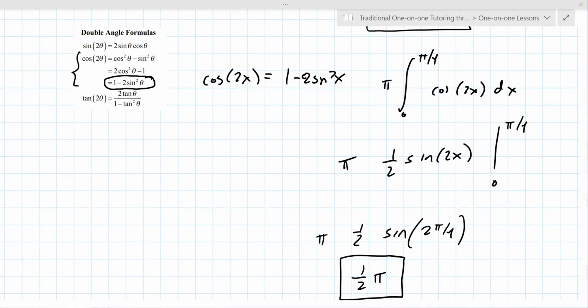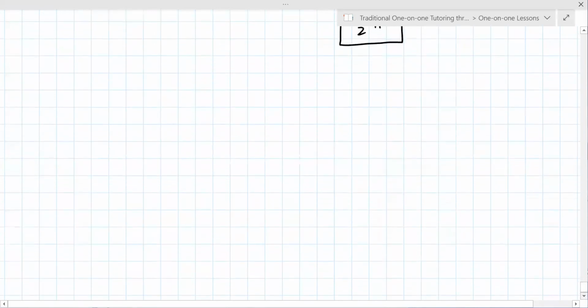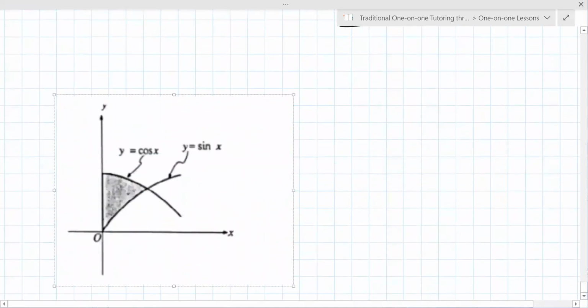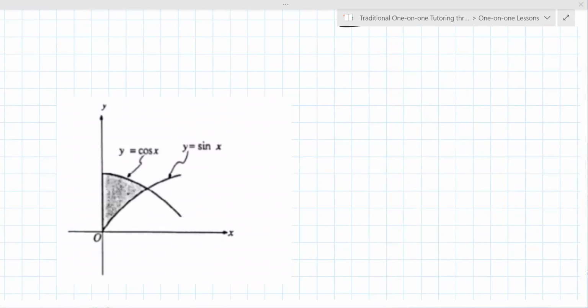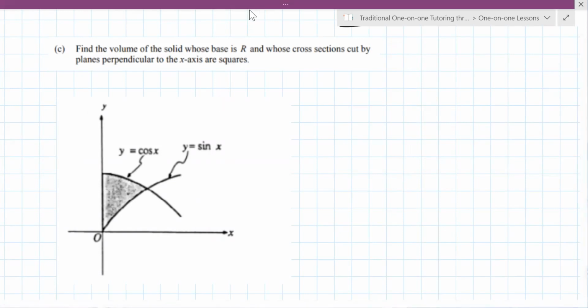Okay. Part C. Find the volume of the solids whose bases are the region and whose cross sections cut by planes perpendicular to the x-axis are squares.